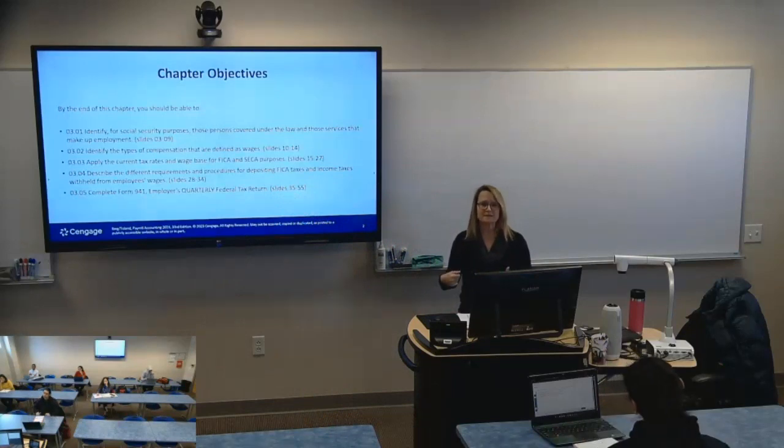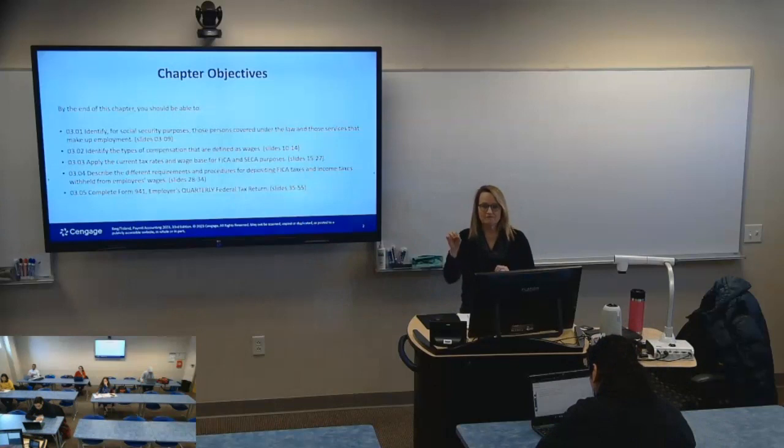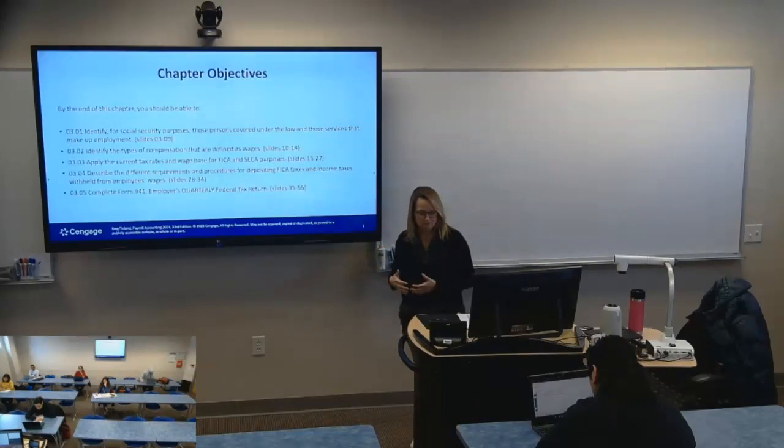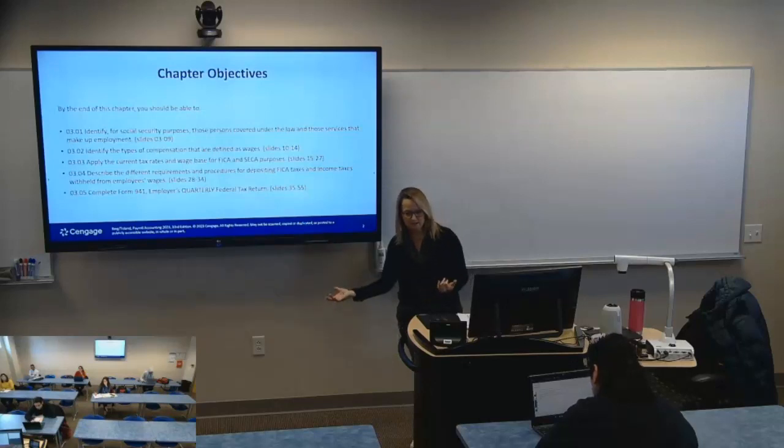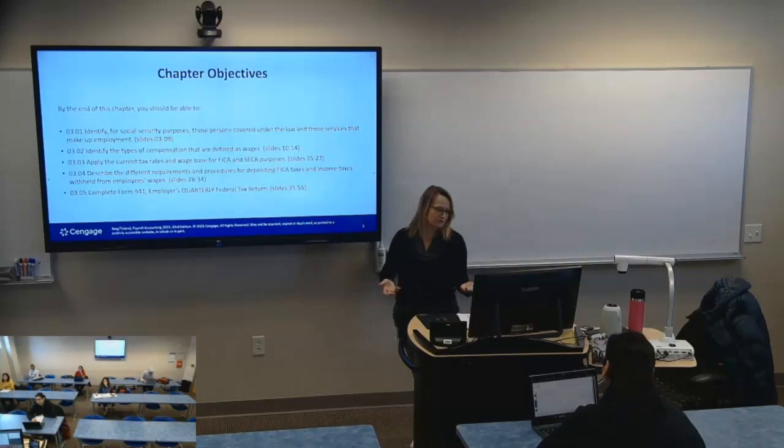You will find though that sometimes the deposit schedules vary depending upon how much is owed. So the IRS is just like everybody else. The more money that somebody owes them, the faster they want that money, right? If you lend somebody $10 and they take a month to pay you back, you might not be quite so anxious about getting that $10, right?